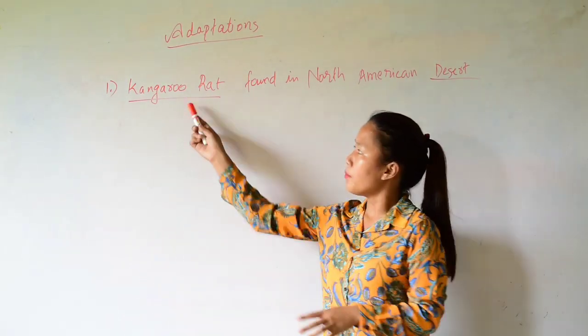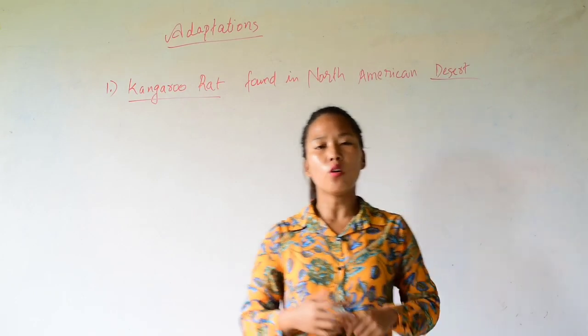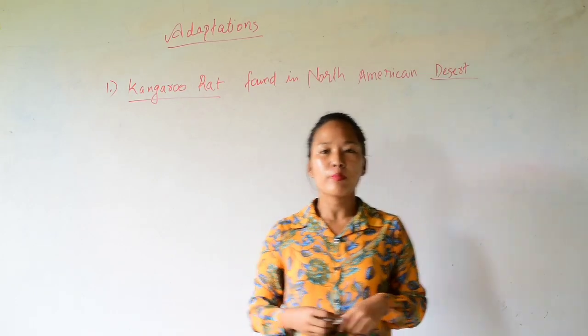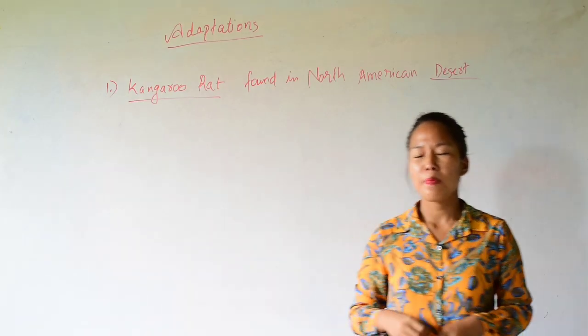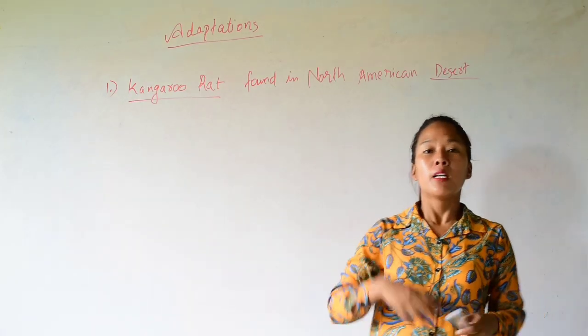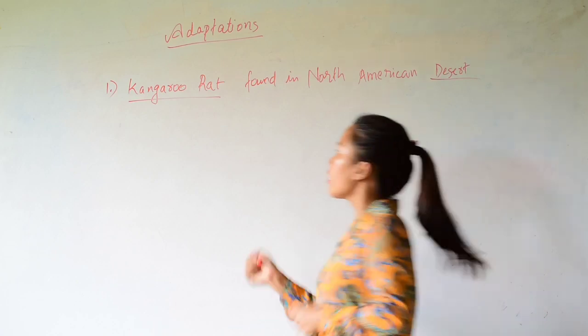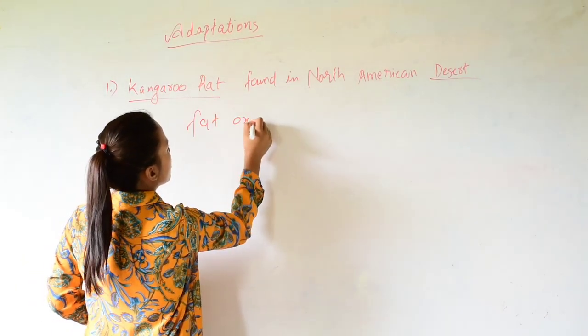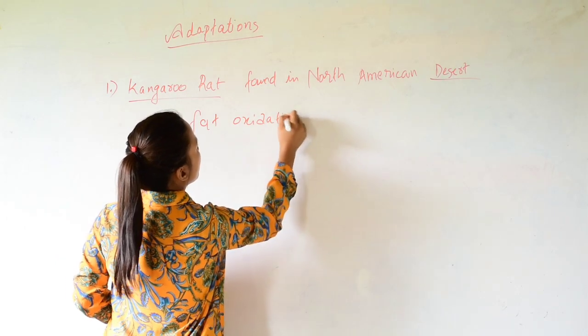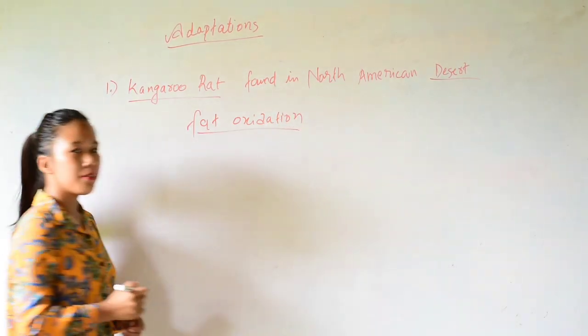But this organism is able to meet all the requirements of water for its body by simply depending on some metabolic reactions, particularly fat oxidation. This is also a metabolic reaction which occurs in their body.